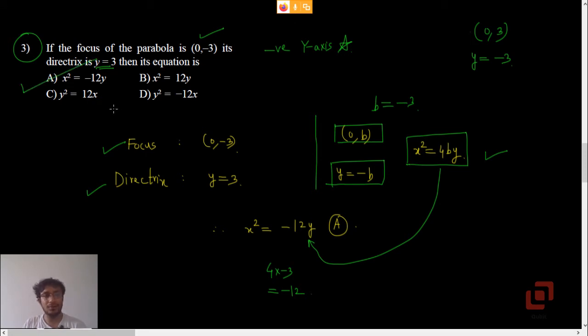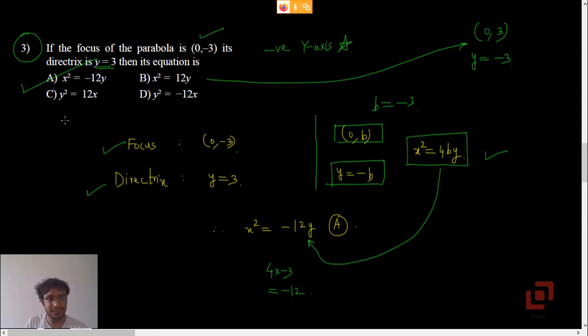Again, you can check our answer graphically using any software. Let us quickly go through the other options. If you go to option B, this is what we had discussed here. Focus is at (0, 3). The directrix is y equal to -3.